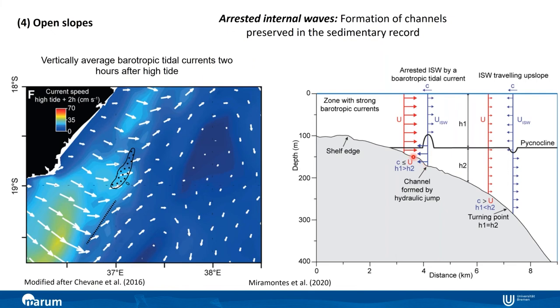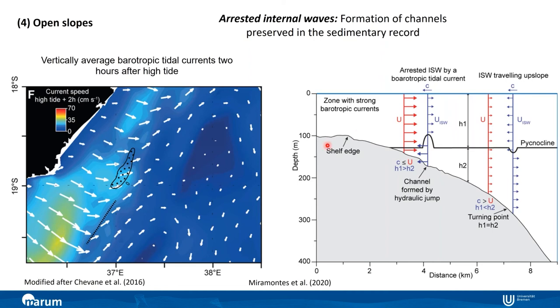And because we have internal waves that are kind of long with a similar propagation, and the barotropic currents are also relatively parallel all along the margin, that could explain why this channel is always at the same depth and so rectilinear. But well, this is still just a hypothesis. It will be necessary to have more measurements and numerical modeling to really prove how internal waves could generate these channels.